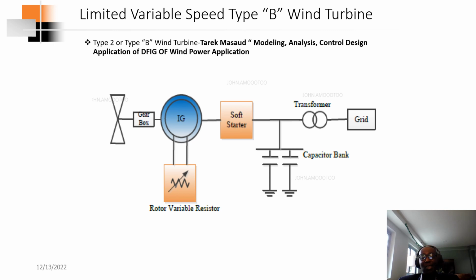Just like type A, it also requires a capacitor bank. It also has an embedded soft starter that allows you to gently start it, limiting the inrush. As you can see, the soft starter over here is what allows you to limit the inrush.